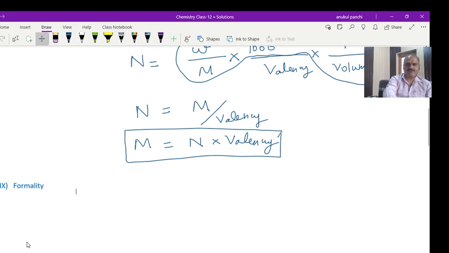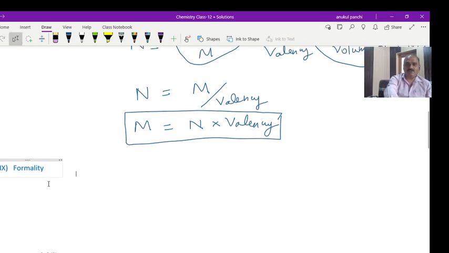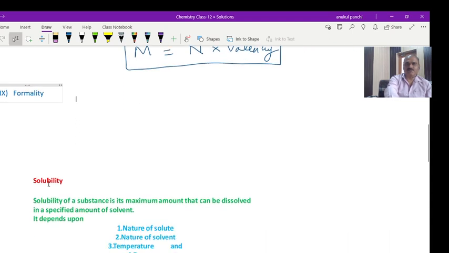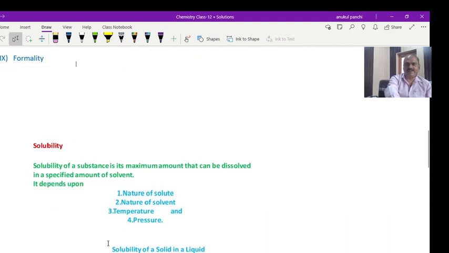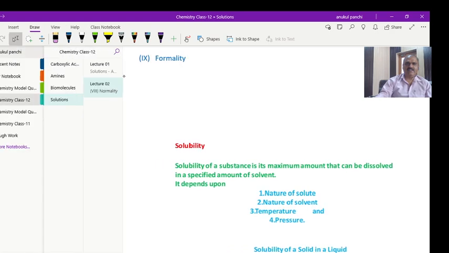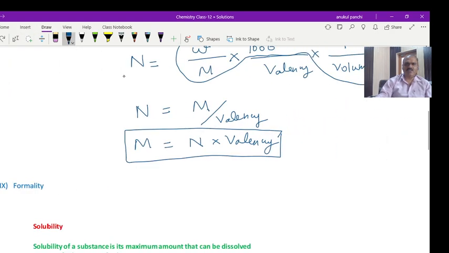You know ionic solids? Solids are of many types: covalent solids, crystalline solids, molecular solids, ionic solids, metallic solids, you know. So, first of all, this term formality is used only for ionic solids.